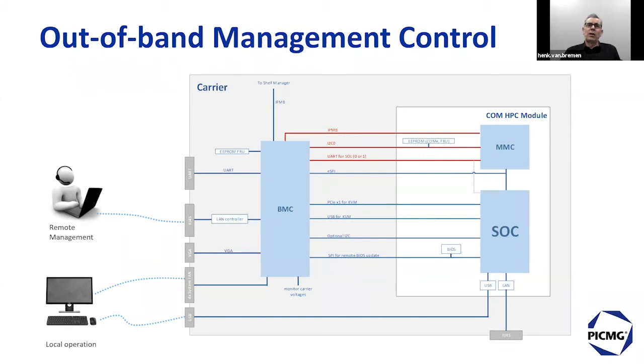AMC modules are actually also kind of computer modules. Thereby, you get an MMC on the computer module, and you get a BMC on the carrier. And the BMC can then further communicate with the shelf manager. So in a picture like this, you could actually populate 2 or 3 modules and still have KVM access to all of these 3 modules.